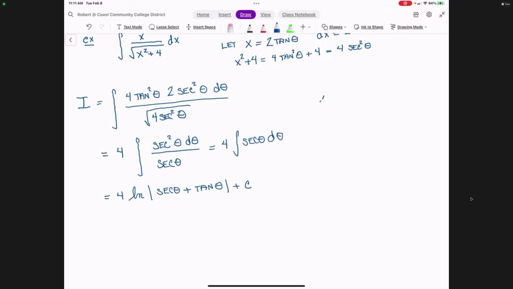Okay, start with x, end with x. Well, we had x equaling 2 times the tangent of theta. So that means that the tangent of theta is x over 2. Here's theta, here's x over 2. Complete the story here.